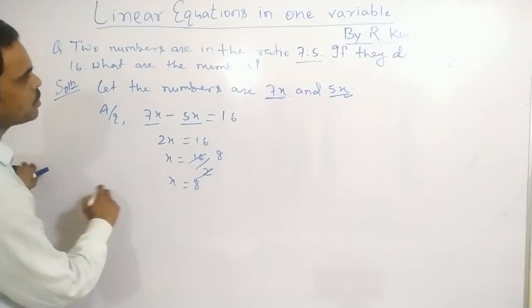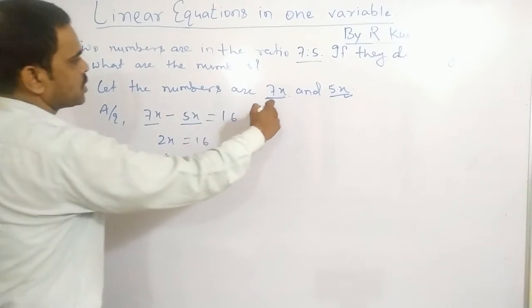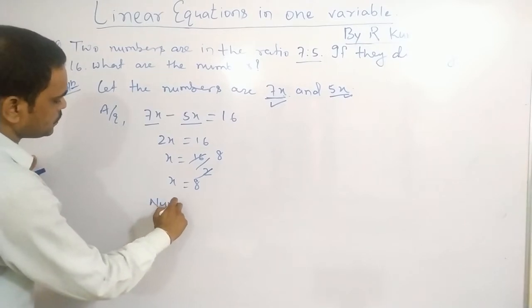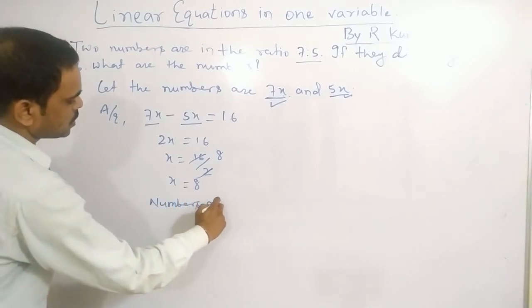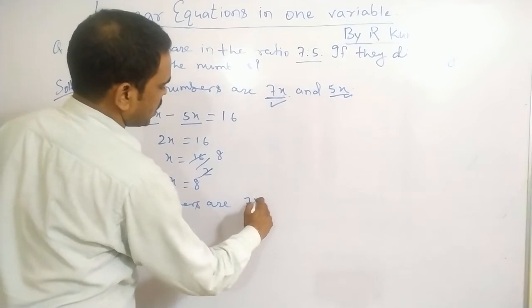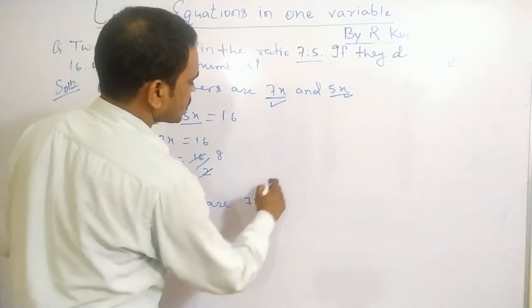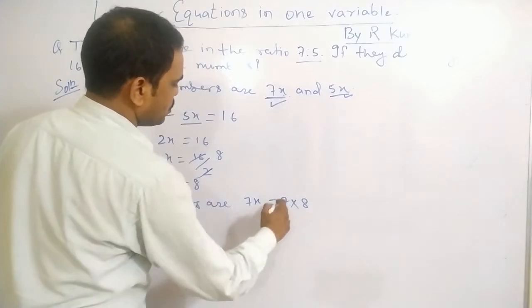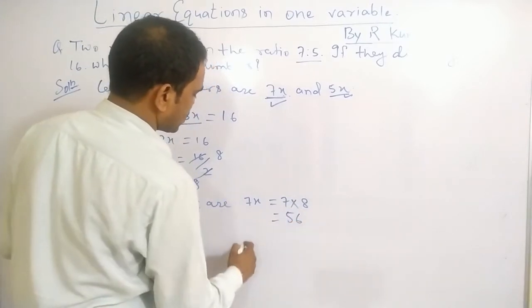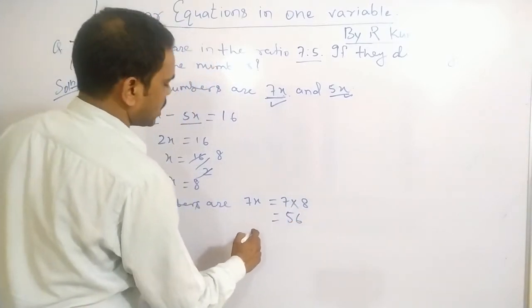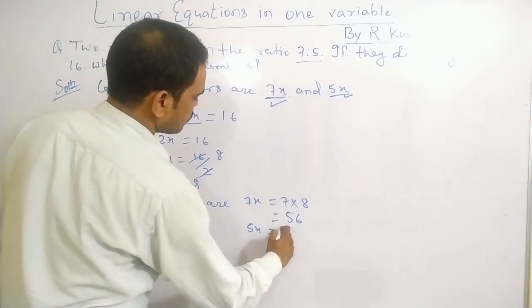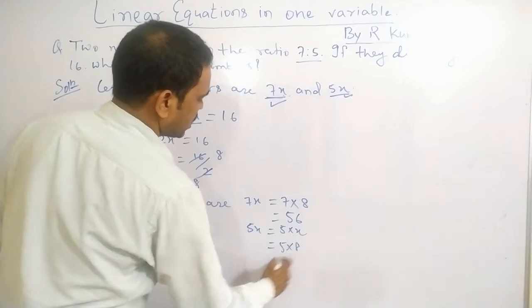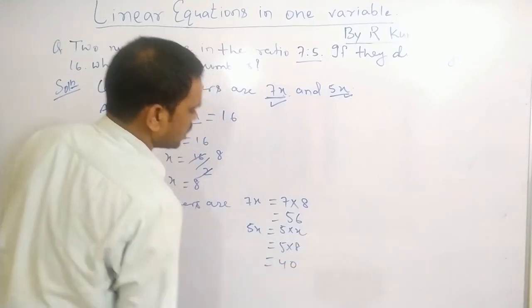The first number we considered is 7x, so 7 into 8 is 56. The next number is 5x, which means 5 into 8, and it will be 40.